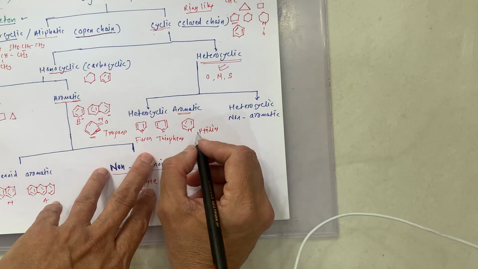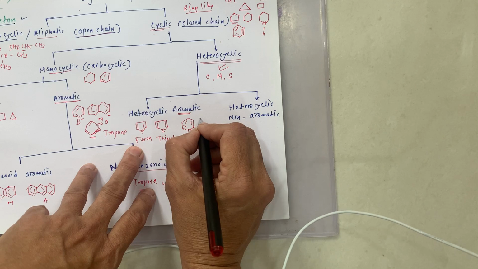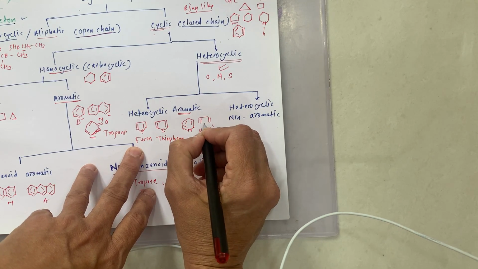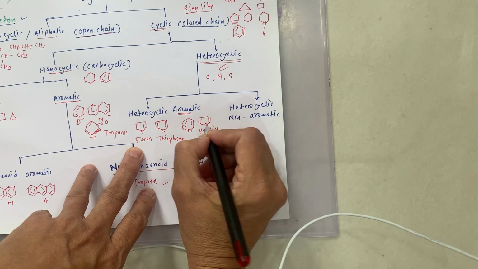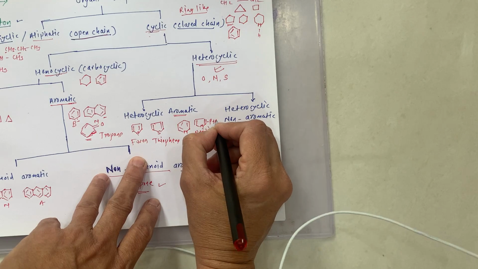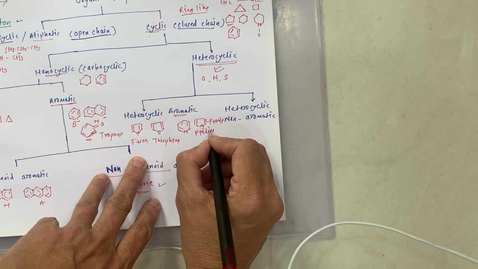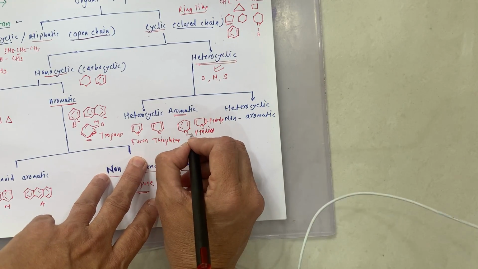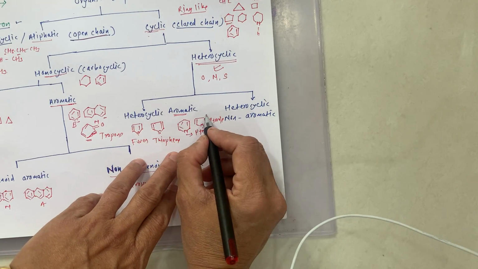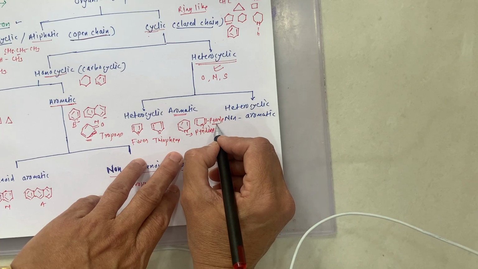If there is a structure like cyclopentane with double bonds and there is one N like this, then this compound is known as pyrrole. This is pyridine, a 6-member ring, and this is the 5-member ring, pyrrole.